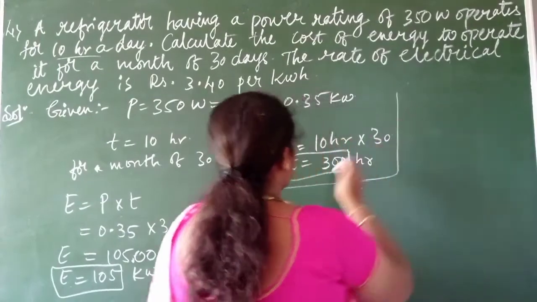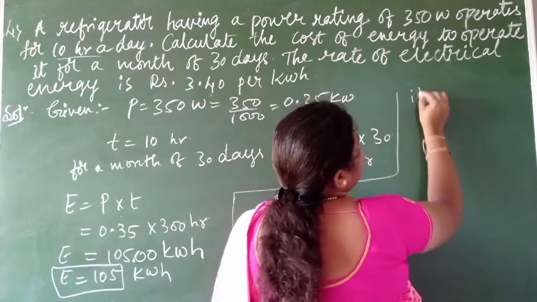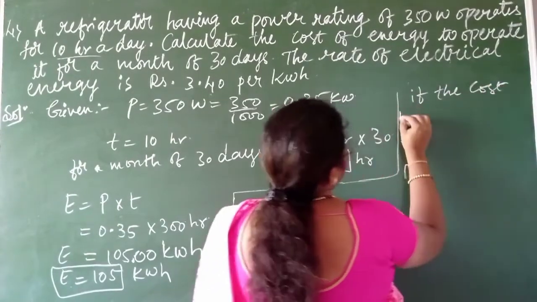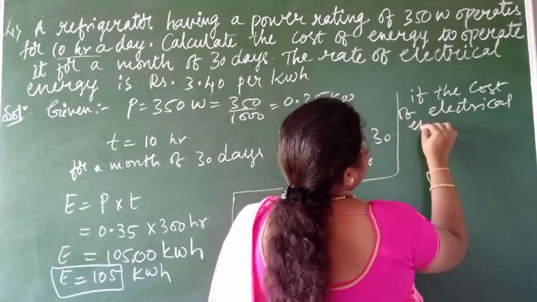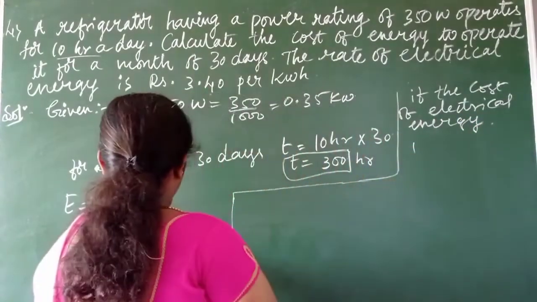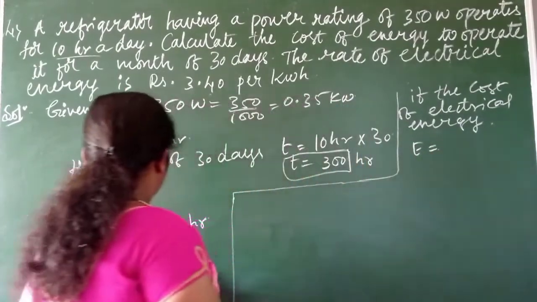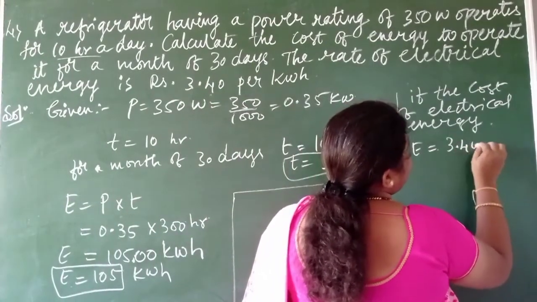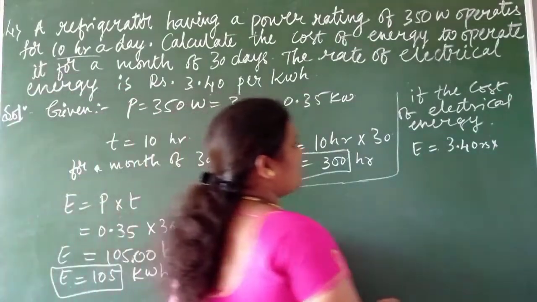Suppose, children, the cost is given. If the cost of electrical energy, that is E, equals what is the cost? 3.40 rupees into what is the energy value, children?